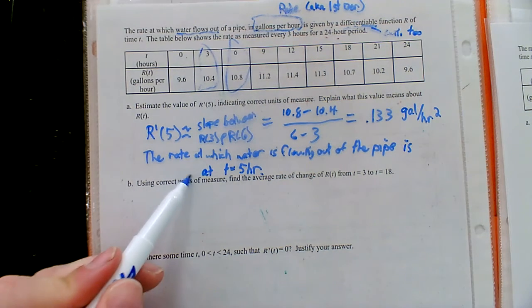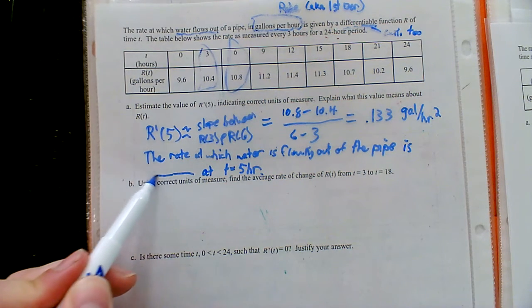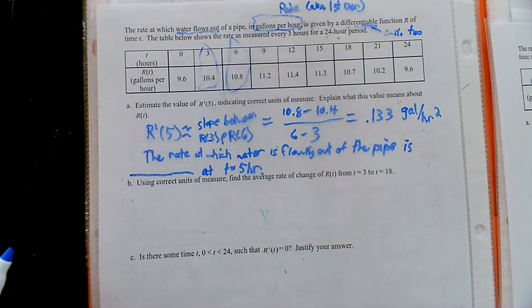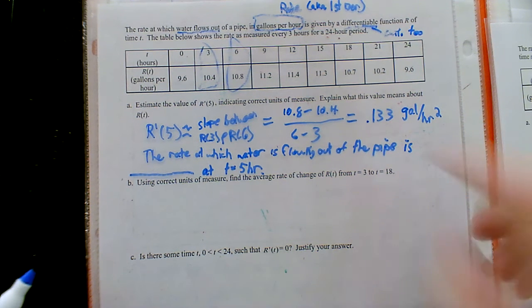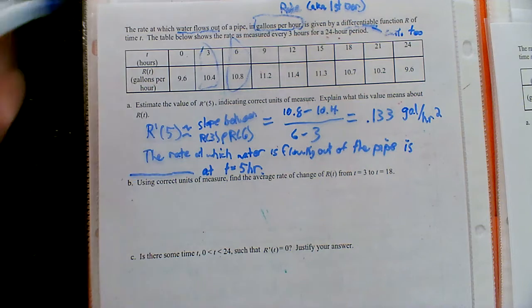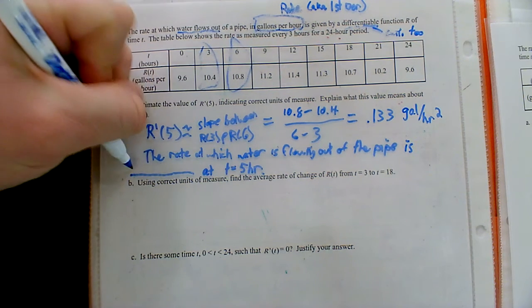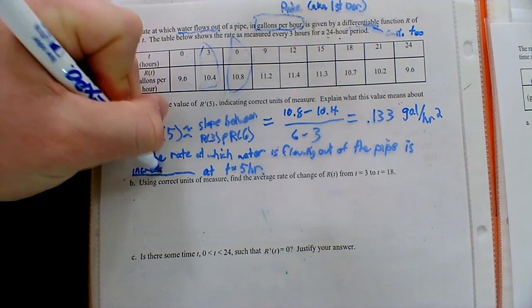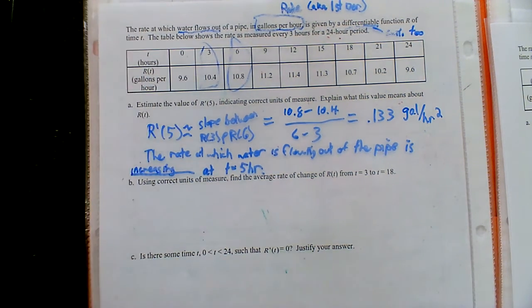So we're looking for some blank. Okay, Daniel? Would it be increasing? Yeah. So it's a positive answer, so the rate is increasing at that point. The rate at which the water is flowing out of the pipe is increasing at t equals 5 hours. Exactly. Very good.